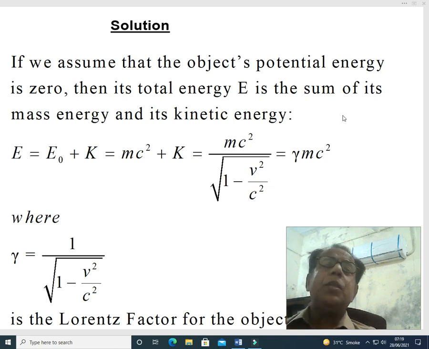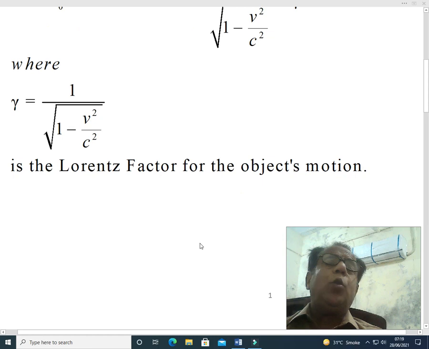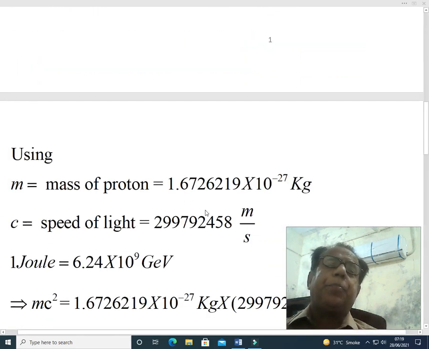So E is equal to E naught plus K, which becomes mc square plus K, which becomes mc square over the square root of 1 minus v square over c square, which becomes gamma mc square, where gamma equals 1 over the square root of 1 minus v square over c square is the Lorentz factor for the object's motion.